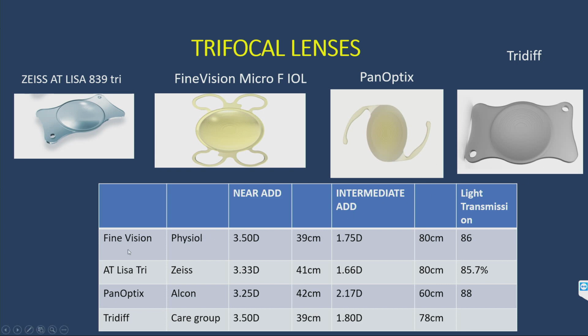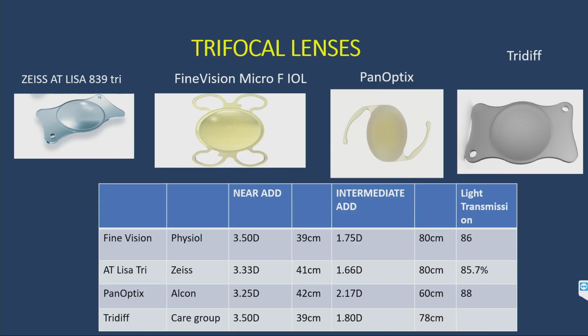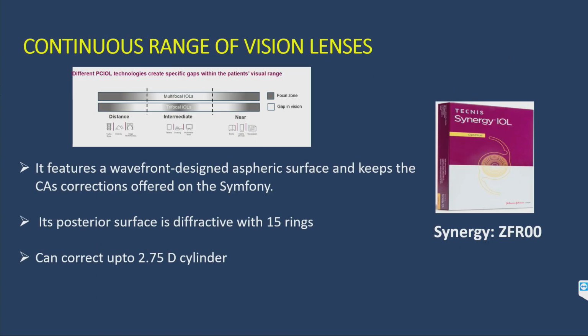That is the FineVision, AT-LISA, PanOptix, and Tridiff. Of these, most of these lenses gave near vision in the range of 39 to 42 centimeters. The intermediate vision of most of these lenses was 80 centimeters, but for PanOptix it was 60. So they had high light transmittance of about 86 to 88%. So the distant vision was not much compromised.